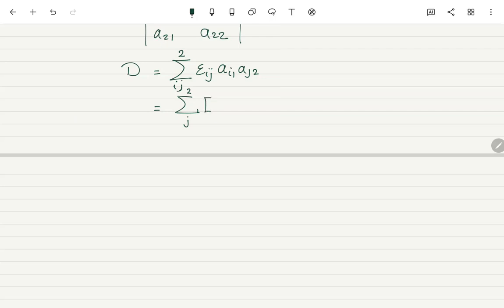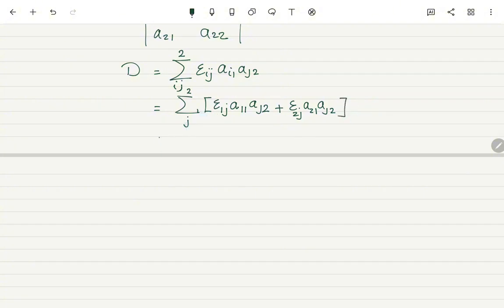Summing over I from 1 to 2, epsilon 1j, a 11, a j2, plus epsilon 2j, a 21, a j2. Now solve it for j from 1 to 2.